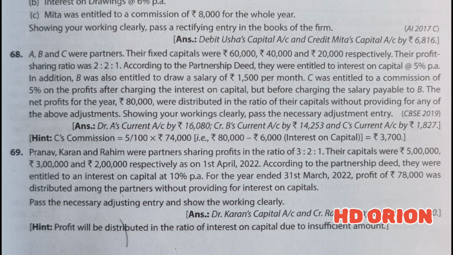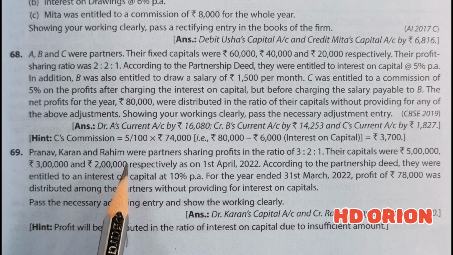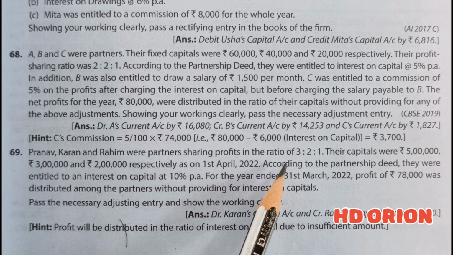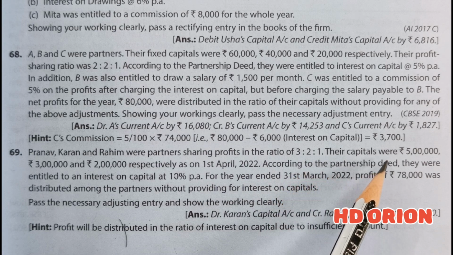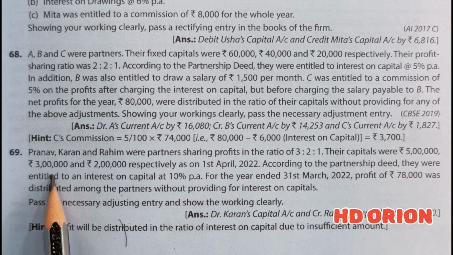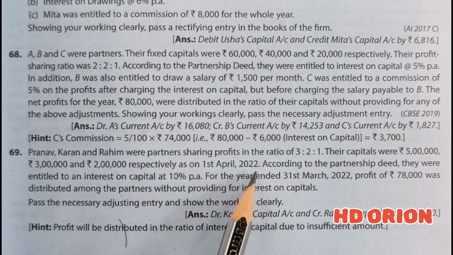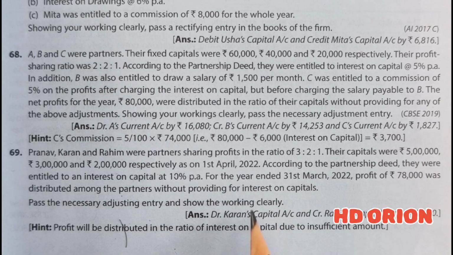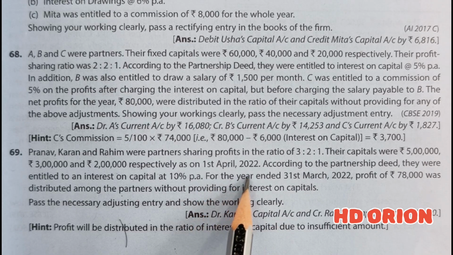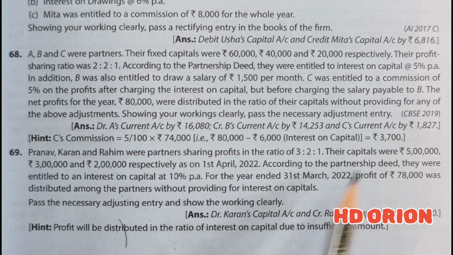Question number 69. Pranav, Karan and Rahim were partners sharing profits in the ratio of 3:2:1. Their capitals were rupees 5 lakh, rupees 3 lakh and rupees 2 lakh respectively as on 1st April 2022. According to the partnership deed, they were entitled to an interest on capital at the rate of 10% per annum.